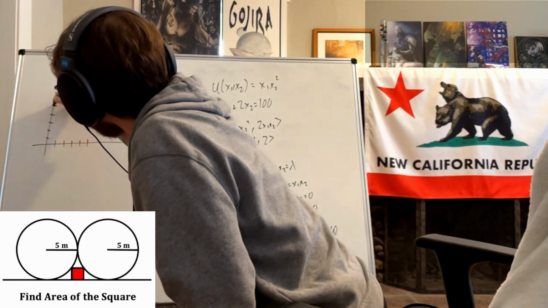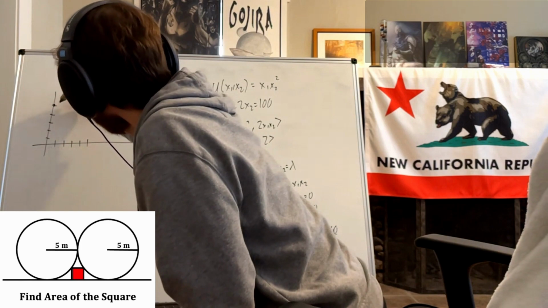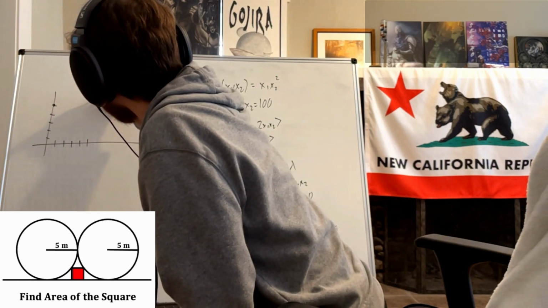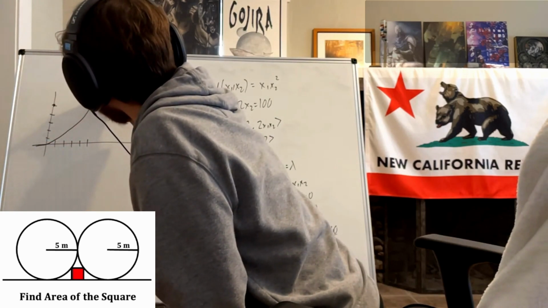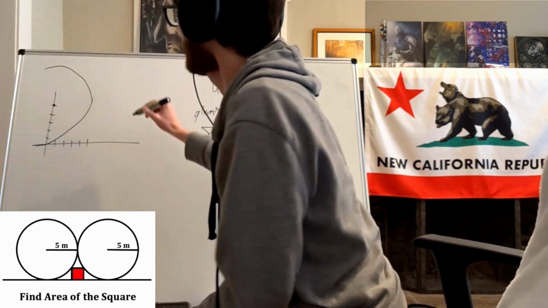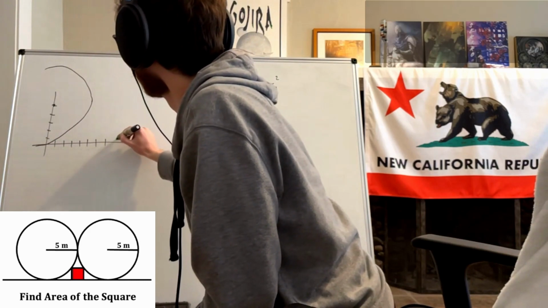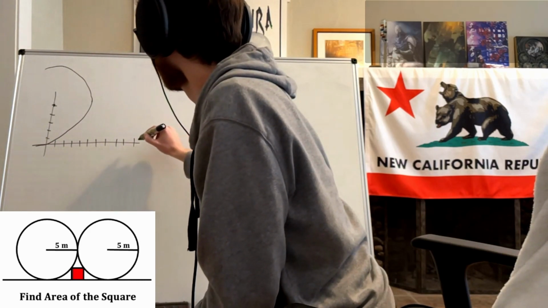I'm gonna make that the center of my first circle. And I don't care about the rest of it. That's really the most important part there, that lower right part. 1, 2, 3, 4, 5. This is gonna look dirty.